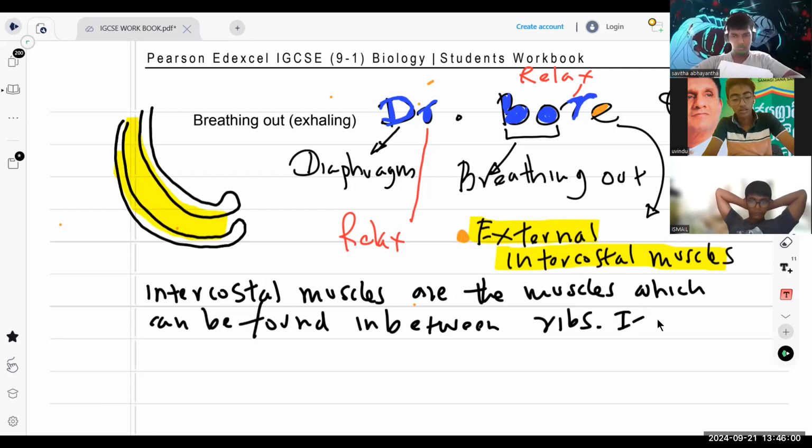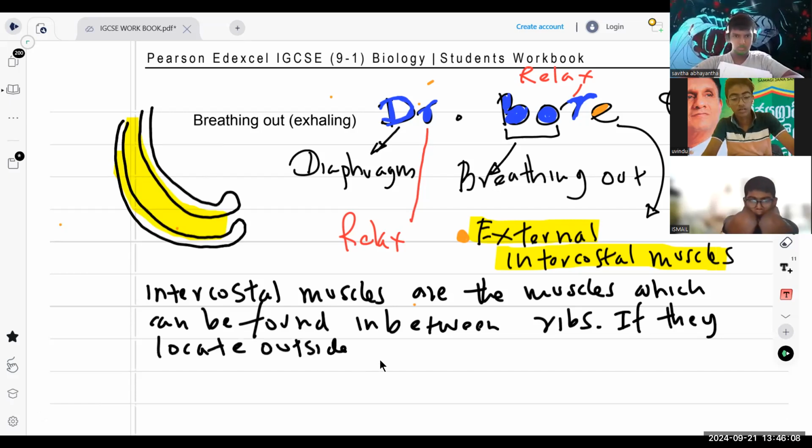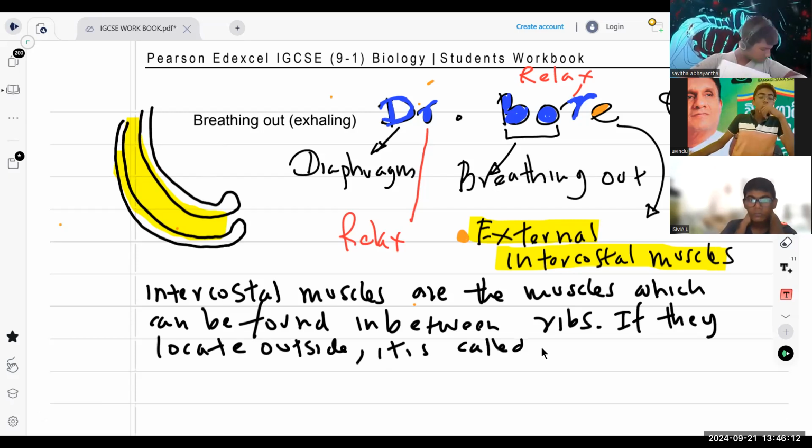If they are located outside, it is called external.